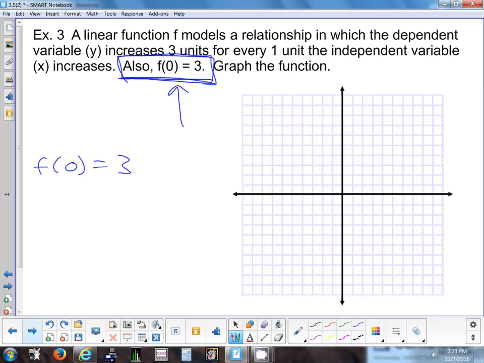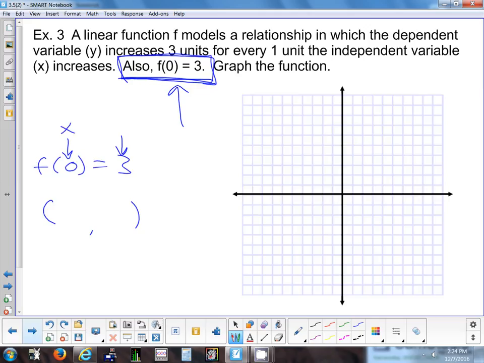Isn't it like the same thing as a y? So it's like writing a coordinate, right? There's an x and a y in here. Which one is the x? 0. That's the x.